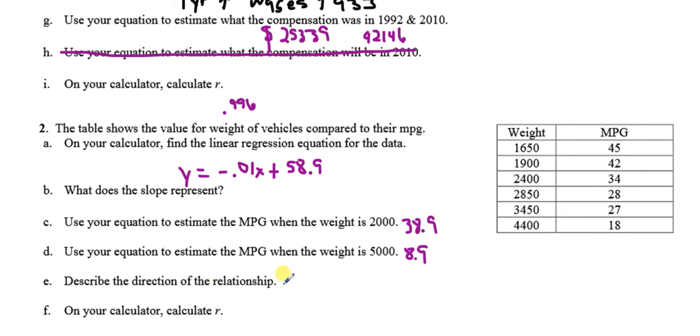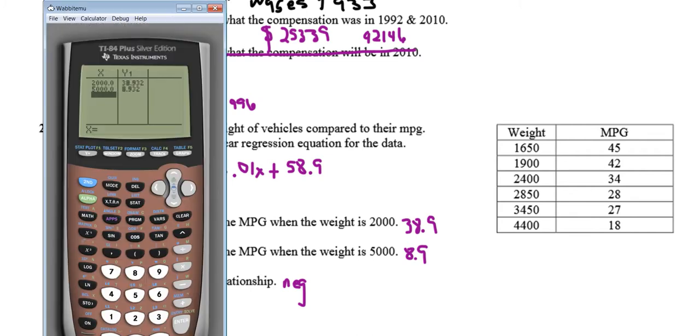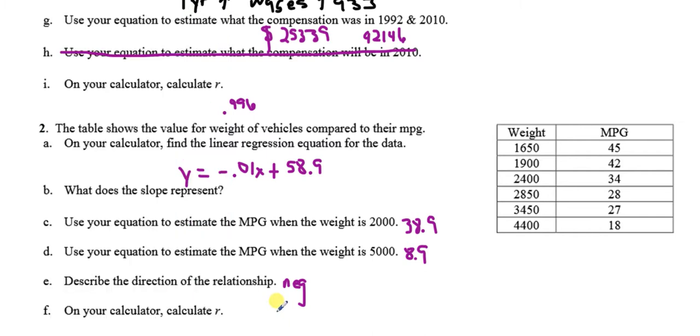Direction of the relationship: this is a negative. As the weight increases, the miles per gallon decreases. And I forgot to write down the correlation coefficient, which is R, negative 0.975.